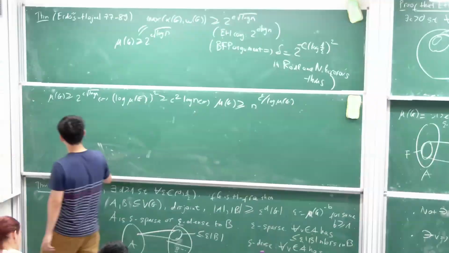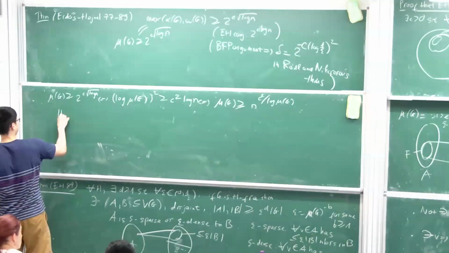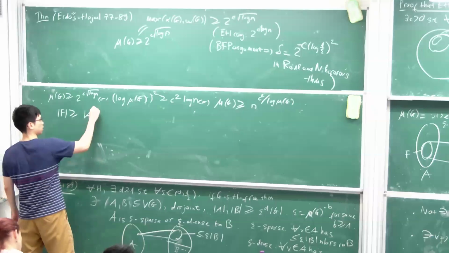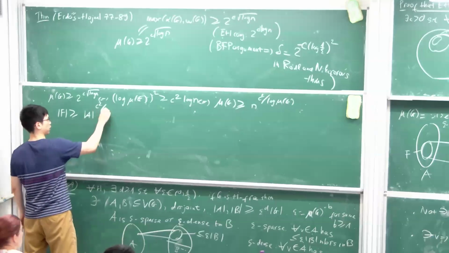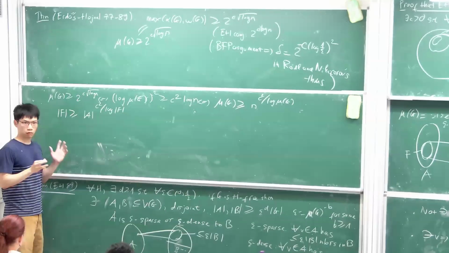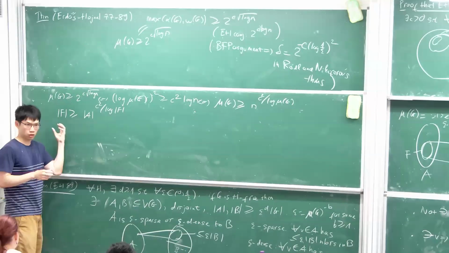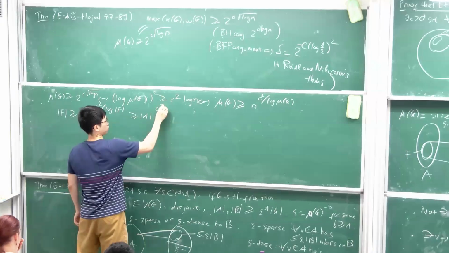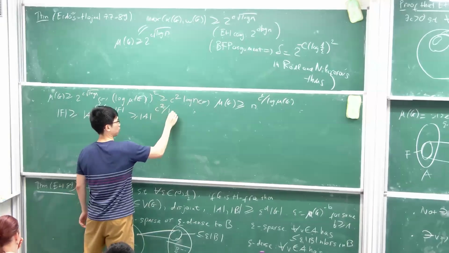So again, by induction, I have F, right, is a cograph. And its size is at least the size of A raised to the power of C squared divided by log F, right? Because F is the largest cograph of A. And this is at least A to the power of C squared divided by log mu.